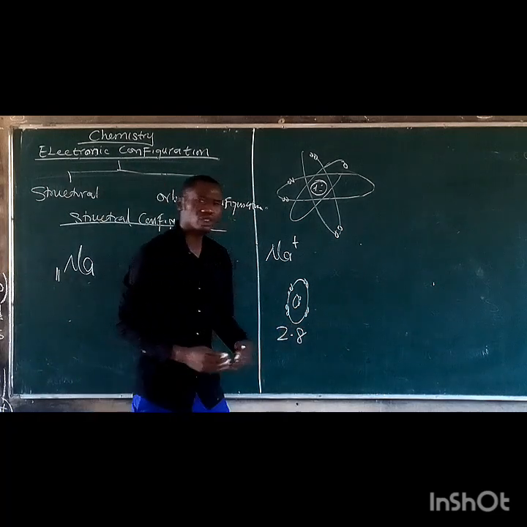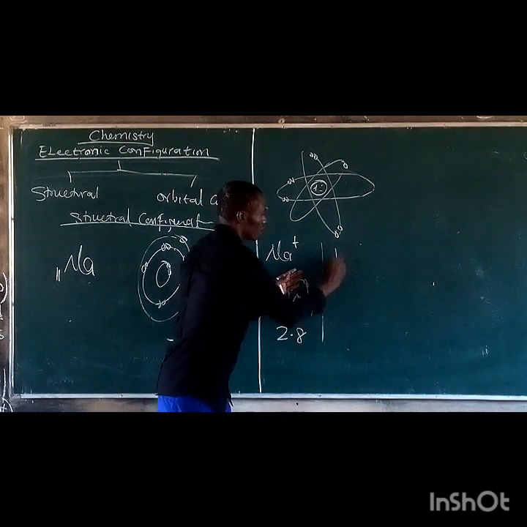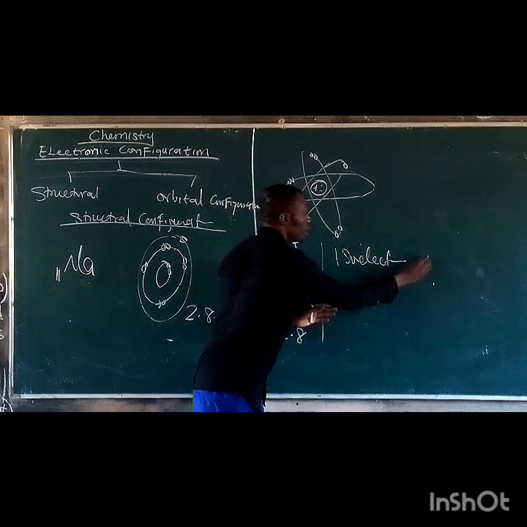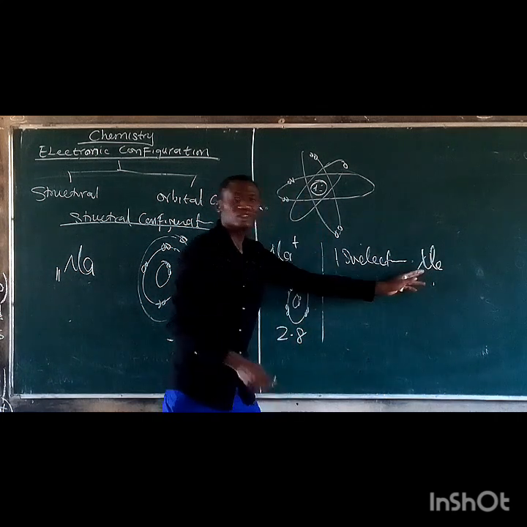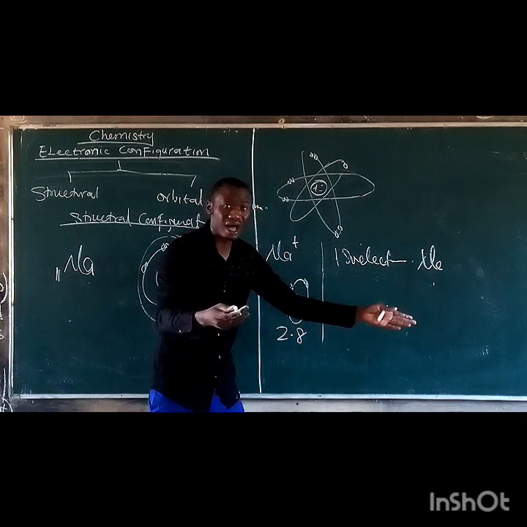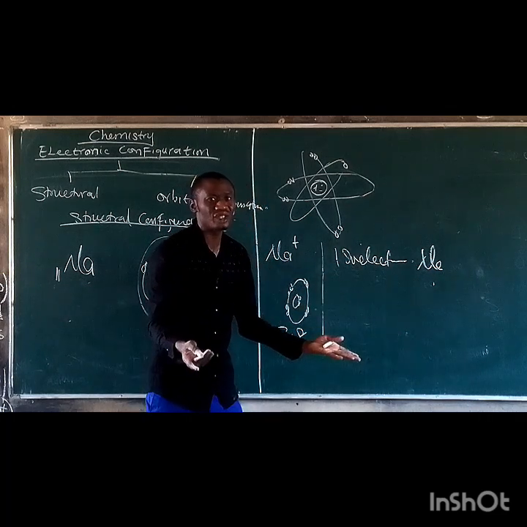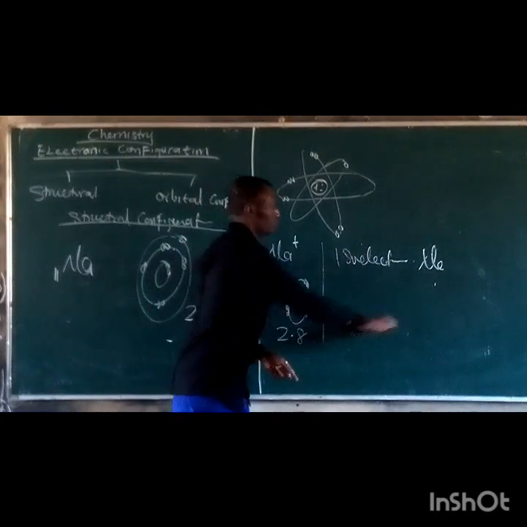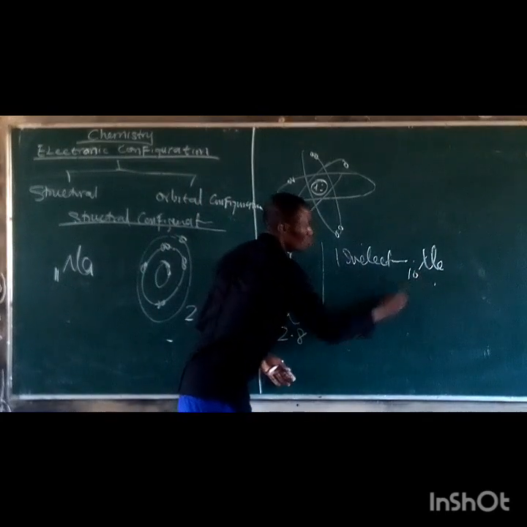This configuration is isoelectronic with neon because neon is an octet. Neon is a noble gas and it does not undergo any reaction, because noble gases hardly react. It has atomic number 10.